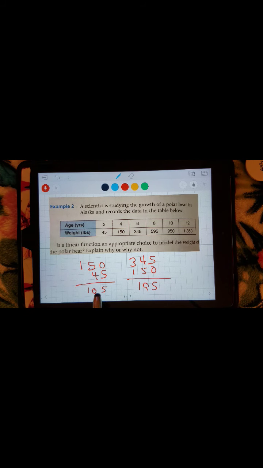Okay, so if we look at this example, you went from a change of 105 to 195. So that is not the same rate of change or the same slope. So this would not be a good model for a linear function.